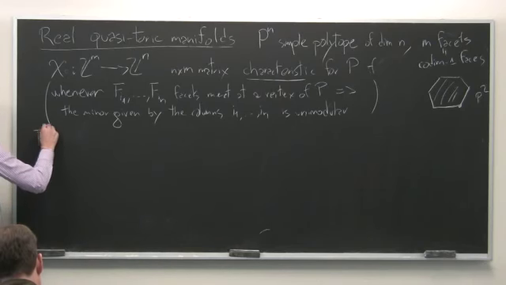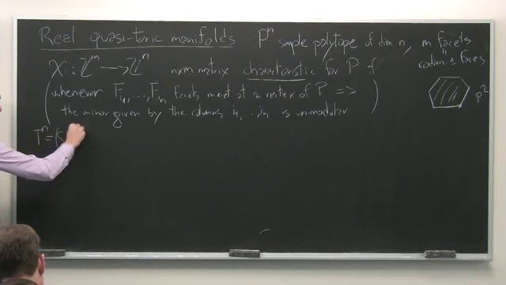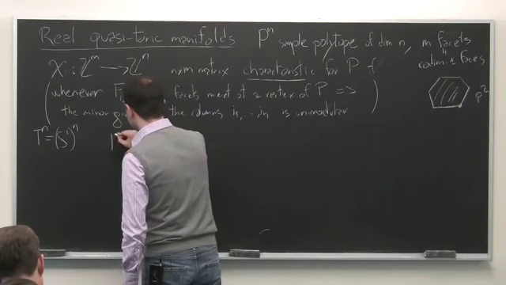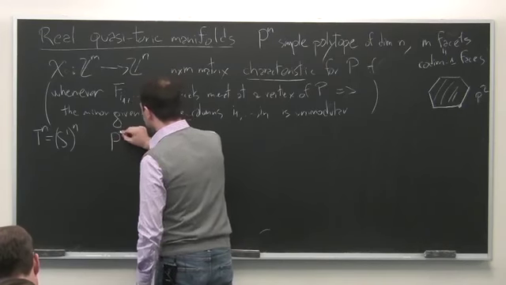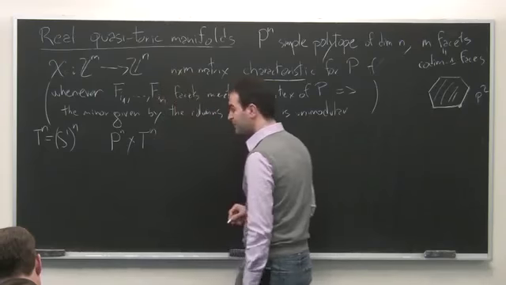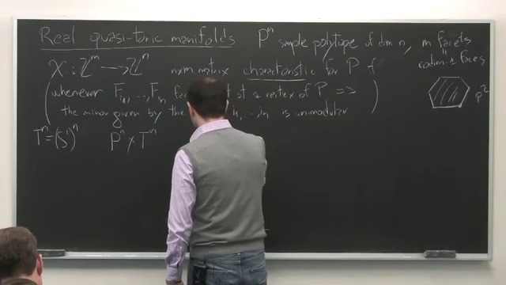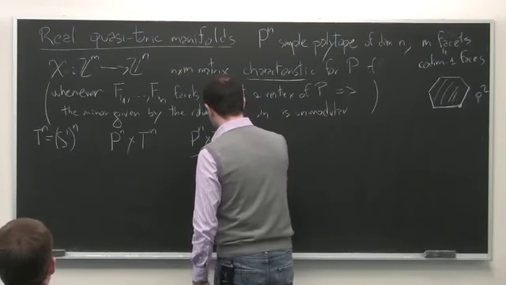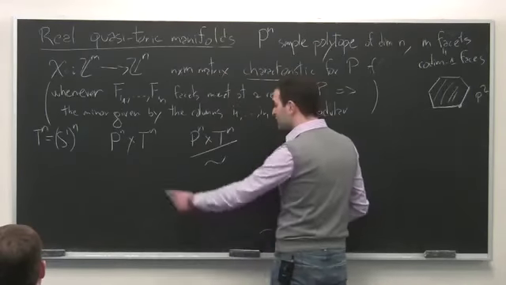So we take, again, the n torus, so just S1 to the n. And we first take the Cartesian product of that torus with the polytope. And then we identify certain points in this space.